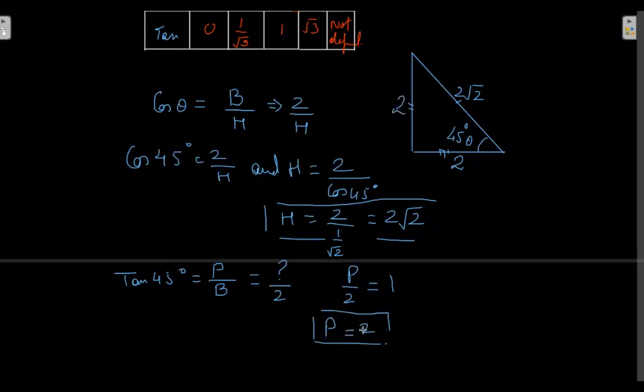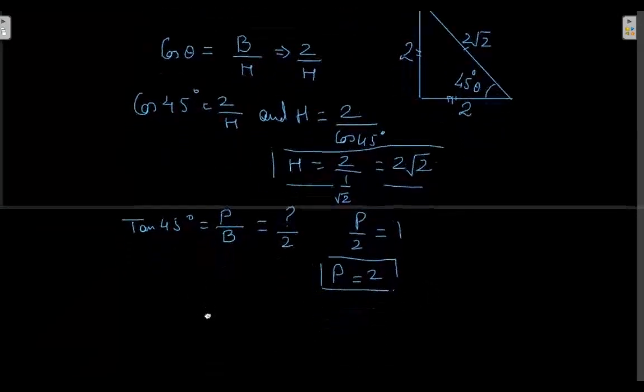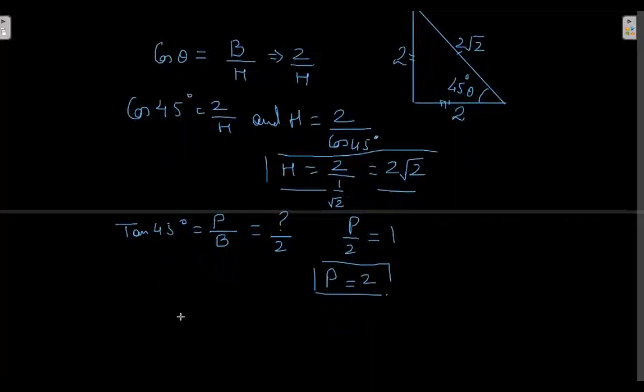Now, is it a good idea to check using Pythagoras theorem? Why not? Let's try it out. Perpendicular square plus base square is equal to square of hypotenuse. That is 4 plus 4, and this becomes 8.